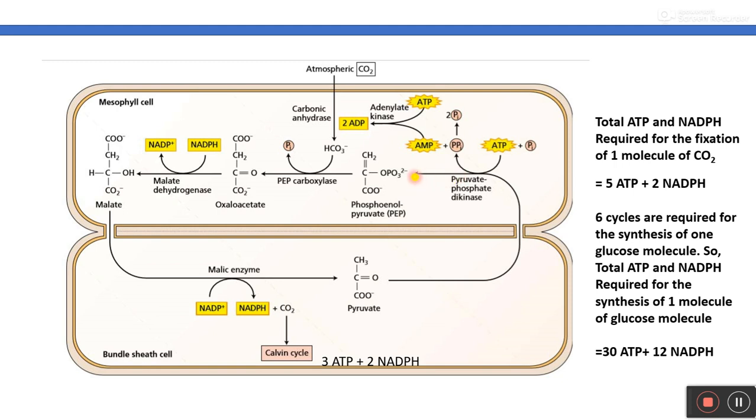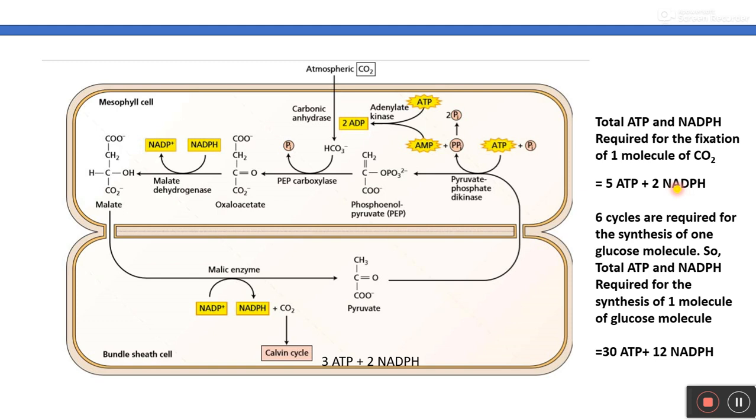So in the mesophyll cell also, two molecules of ATP are required for the conversion of pyruvate to phosphoenol pyruvate. So you will have to add these 2 ATP here, and then you will get the total: 5 ATP and 2 NADPH are required for the fixation of one molecule of CO2.